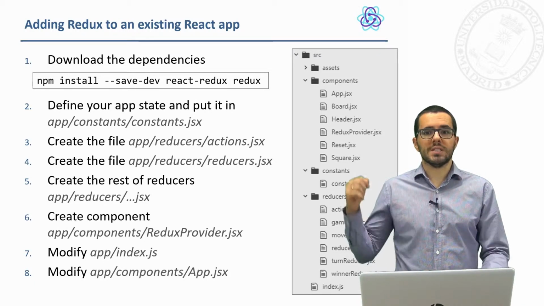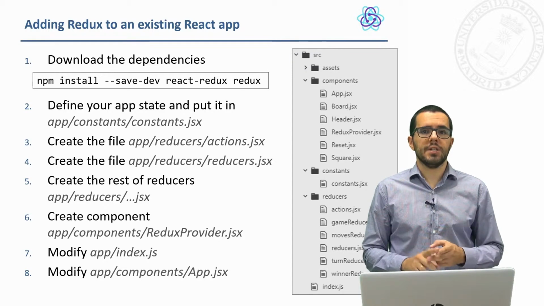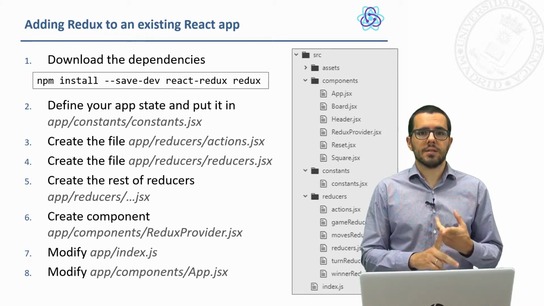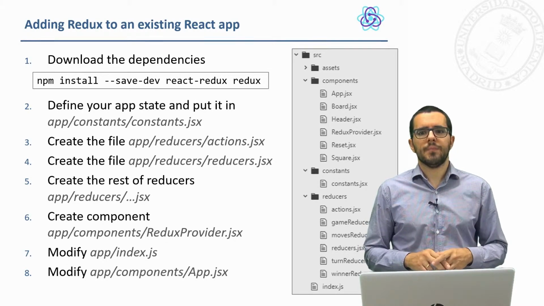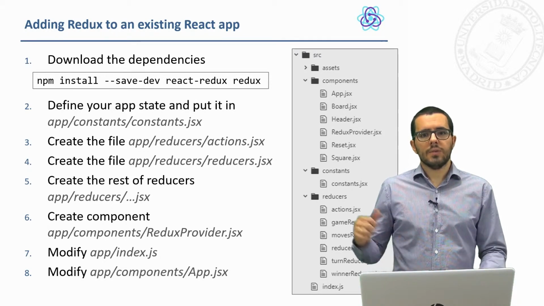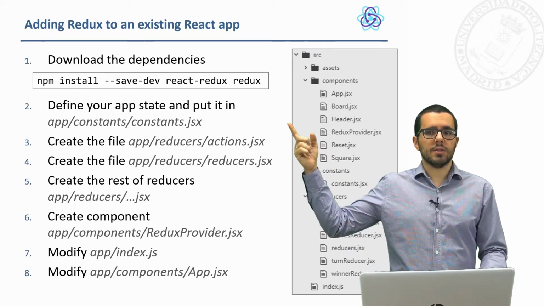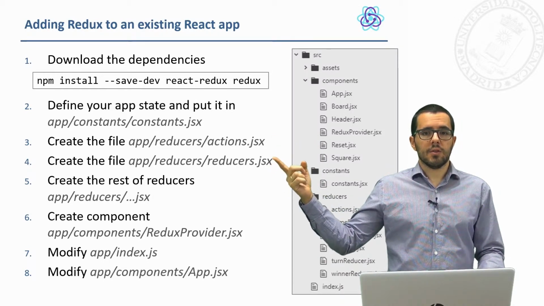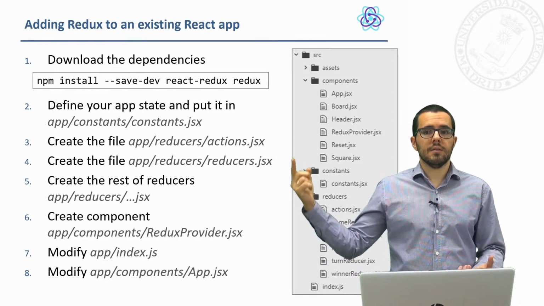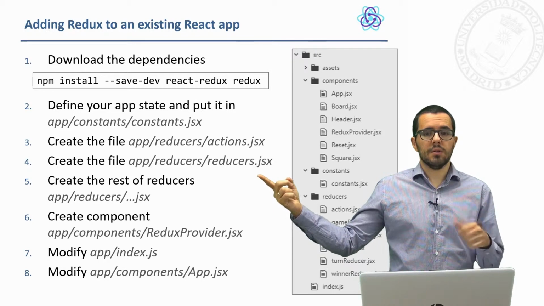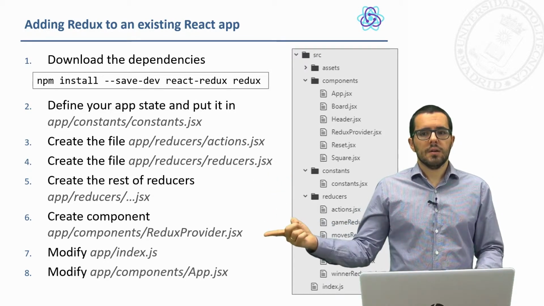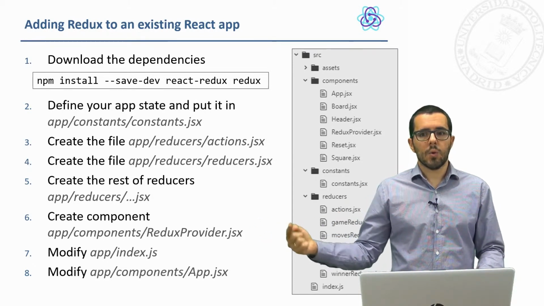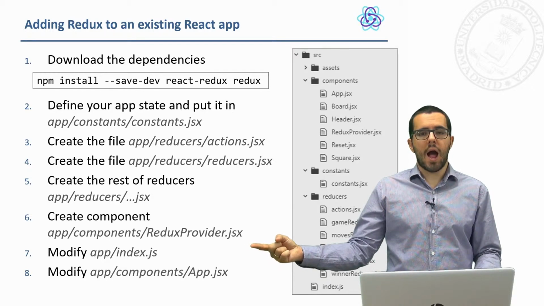Well, in the first place, we are going to install what we need, that are two npm packages: Redux for the Redux API, the library, and React Redux, some utilities to integrate them, React and Redux, I mean. Then we are going to define our initial state in the constants, the actions that we will perform in a tic-tac-toe, the reducers, to combine the reducers that we will create, these reducers, that will be two, in fact, the turn and the values, the special component to join React and Redux, that is called Redux Provider, and we will have to render it instead of our app.